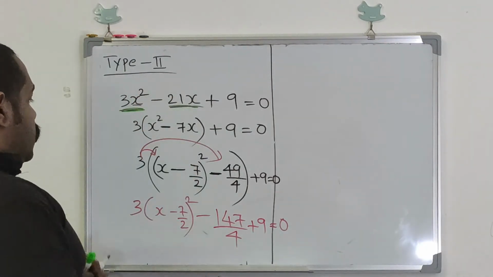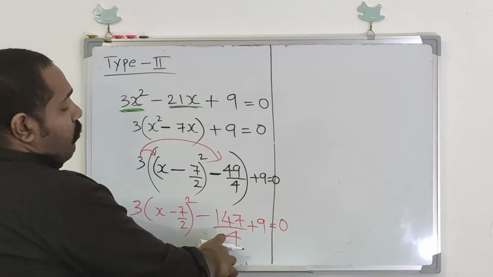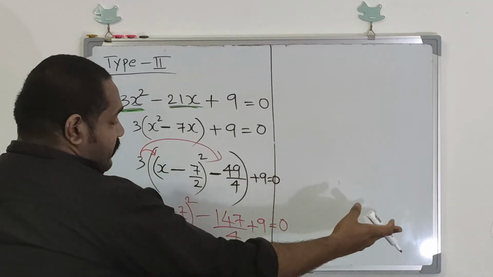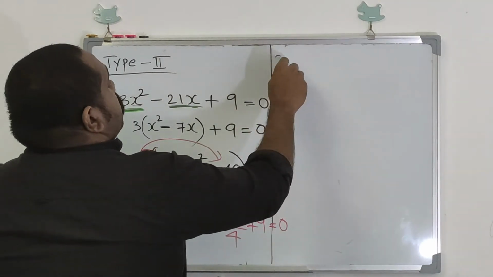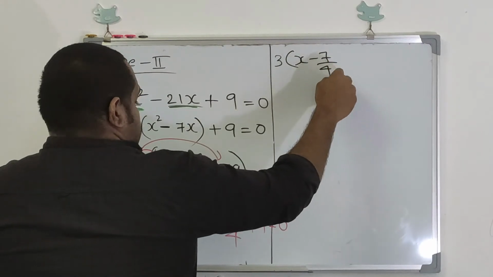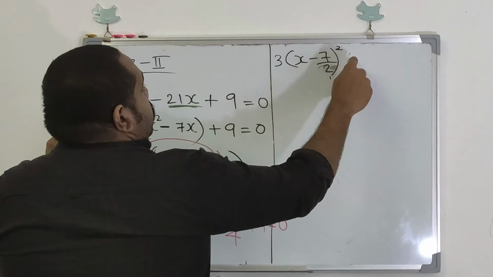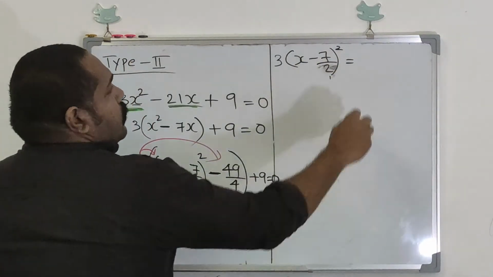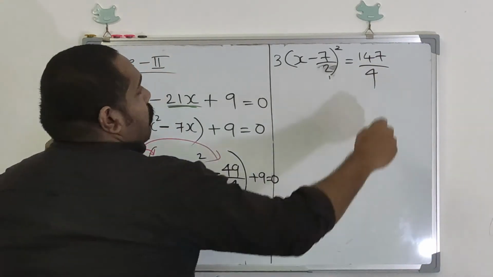Clear? So you can bring this minus 147 over 4 to that side, and even you can bring that 9 to this side. So ultimately what happens is simple. 3 times x minus 7 by 2 whole square is equal to 147 over 4 minus 9.